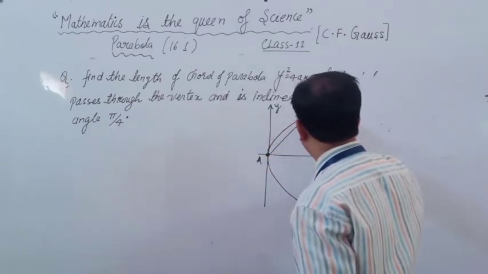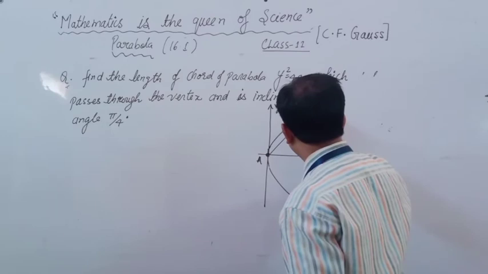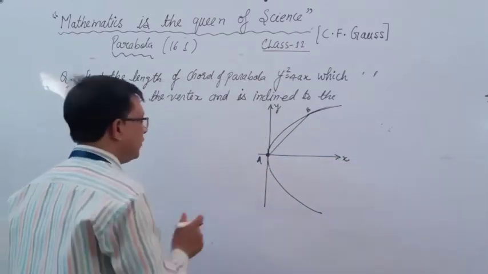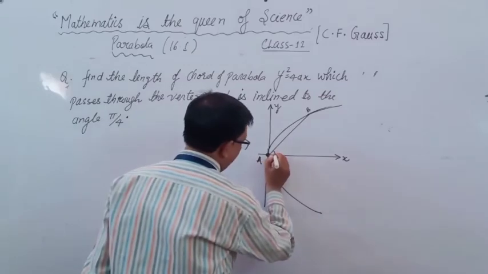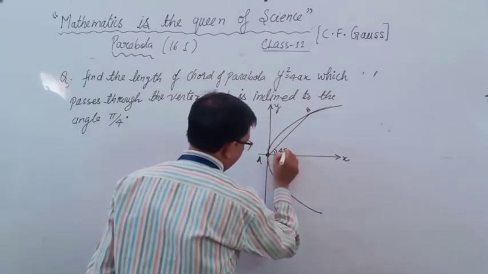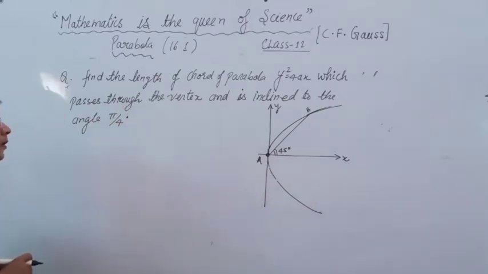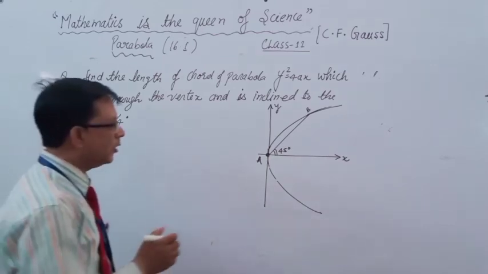This is your chord. AB is a chord, inclined at an angle of 45 degrees.